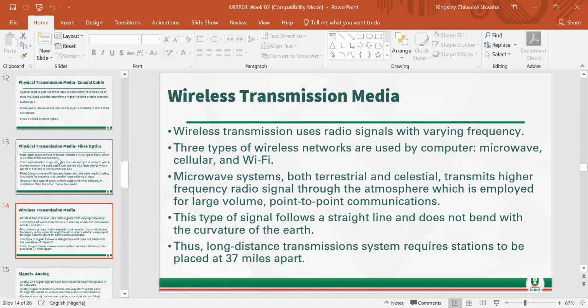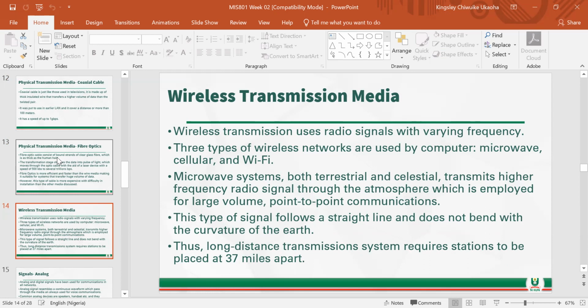Microwave systems, both terrestrial and celestial, transmit higher frequency radio signals through the atmosphere, which is employed for large volume, point-to-point communication. A microwave example is your base station. For your telecommunication network, the base stations use microwave transmission. Each of these base stations communicates with each other.